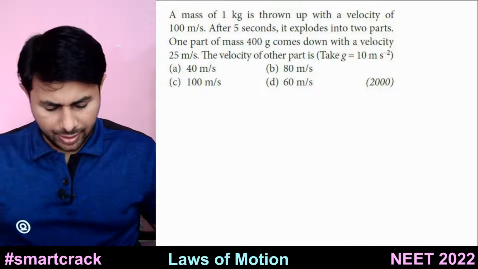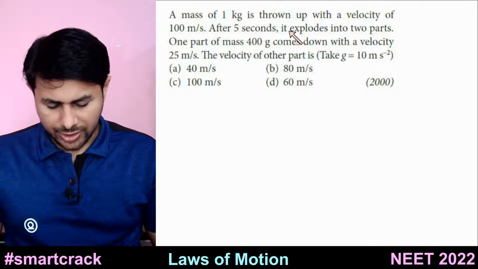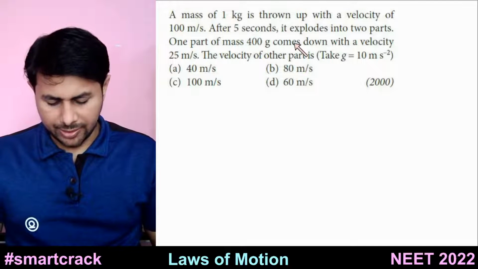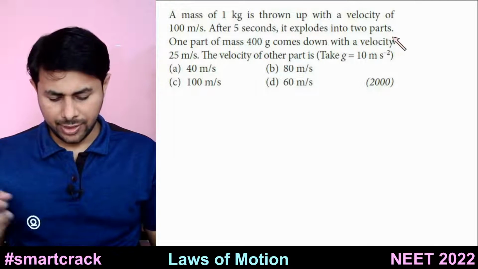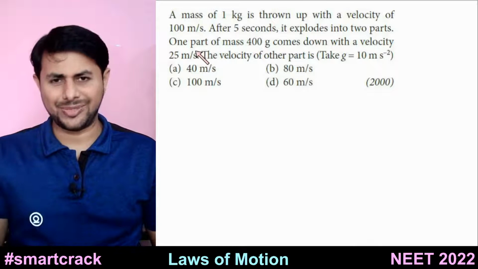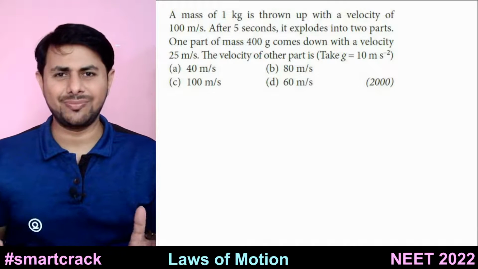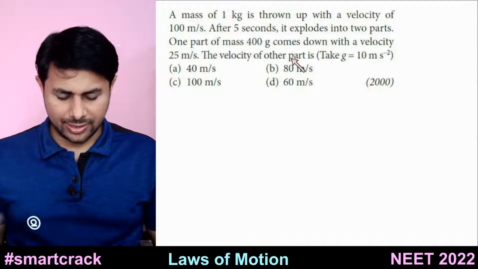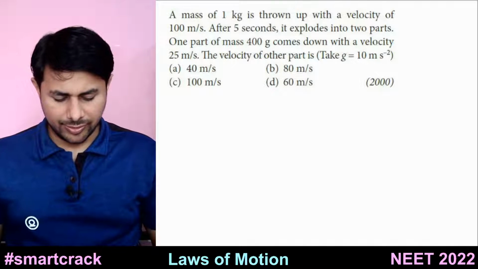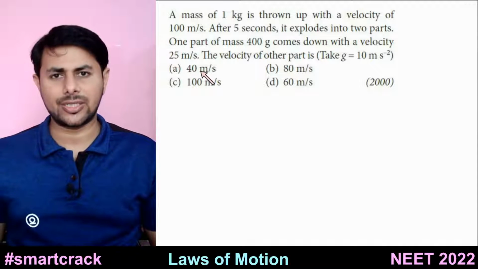Okay. Next, a mass of 1 kg is thrown up with velocity of 100 meters per second. After 5 seconds, it explodes into 2 parts. Okay. So explosion means law of conservation of momentum. One part of mass 400 gram comes down with velocity of 25 meters per second.